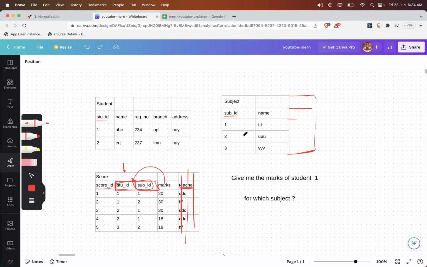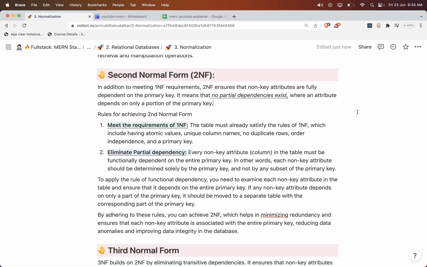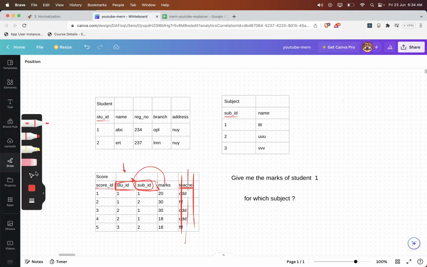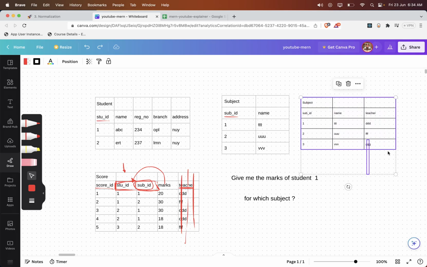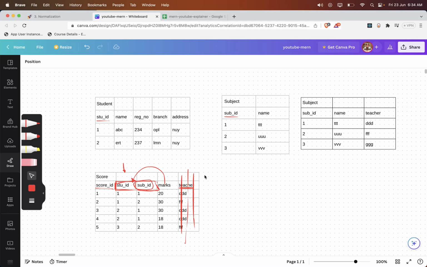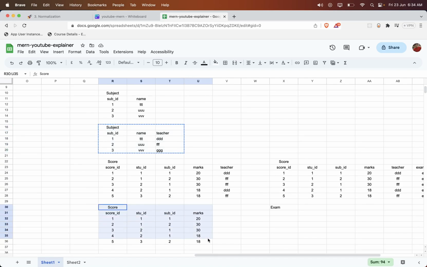I have already done that. Let me copy the normalized subject table. This is what the normalized subject table is. Now the teacher needs to be removed from the score table, and your score table would be only like this.